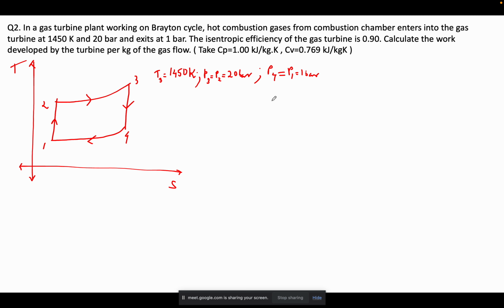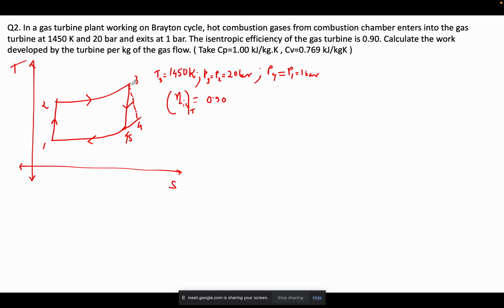Now the isentropic efficiency of the gas turbine is given. Eta isentropic can also be given for the compressor, but here for the turbine it is 0.90. We have to calculate the work developed by the turbine per kg of gas. Since the isentropic efficiency is given, it is not going through a reversible adiabatic process directly. The turbine is going through this process, and let me name this point 4s.